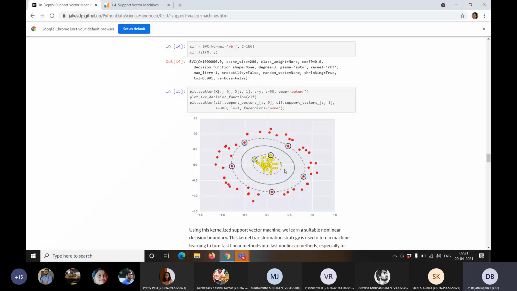Now, it's possible to do it with a circle like this. Now, a circle is a non-linear kernel. So you have a different kernel function, it's a non-linear kernel. So what you can do is put it in a higher dimension and use a non-linear kernel. Then you will be able to get a circle like this as a separating plane between the 2 groups of data points.